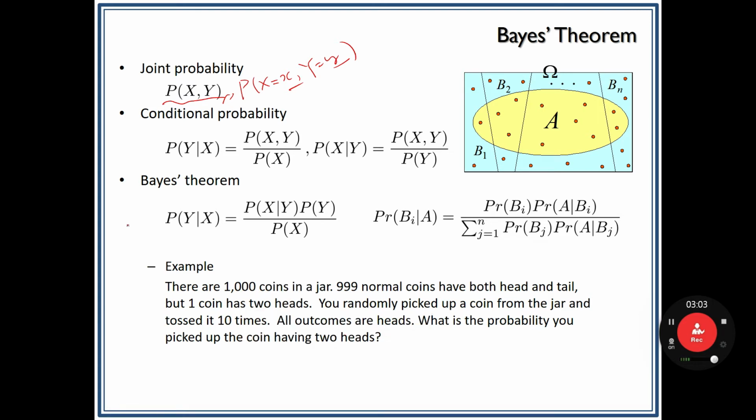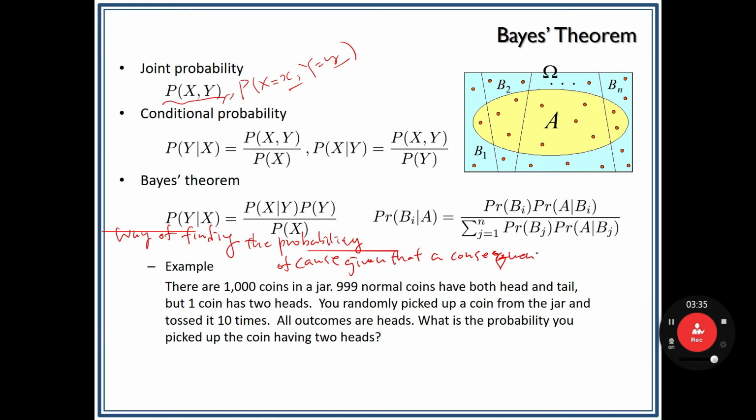Bayes theorem is a way of finding the probability of cause given that a consequence has been observed.